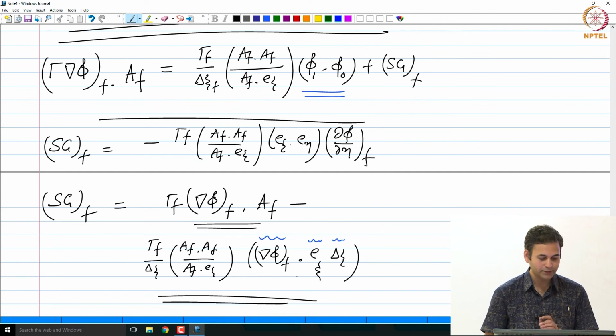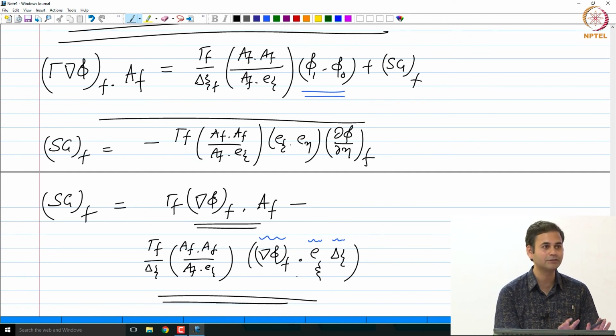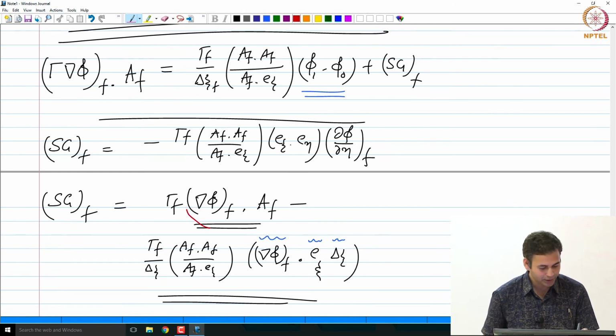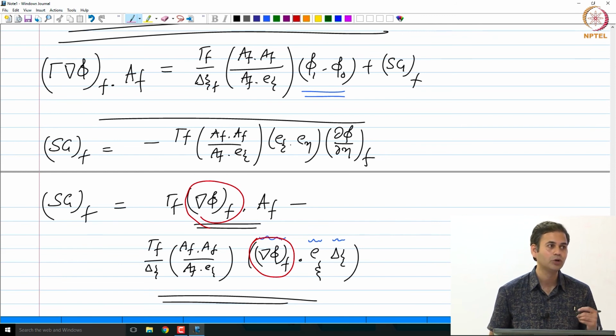Now, what is the unknown in this equation? Of course, secondary gradient itself is unknown, but I have written something here. What is unknown here? Grad phi f, which I have written here. This particular term is the unknown. That means we are calculating the gradient of phi on the face which is shared between C0 and C1 somehow.